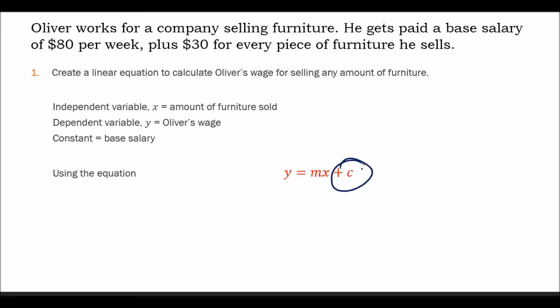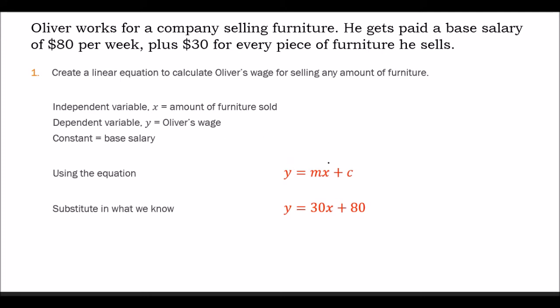It's going to stay the same. M is the gradient, but also the amount he gets for each piece of furniture he sells. So what we need to do from there is substitute the values that we know.